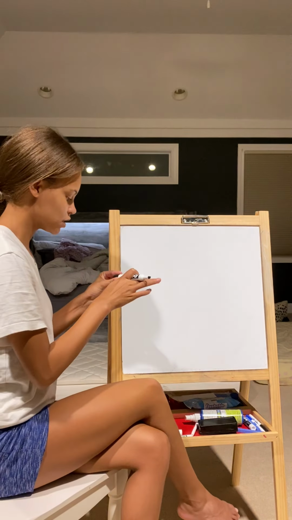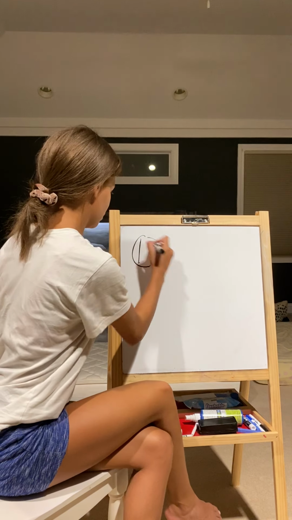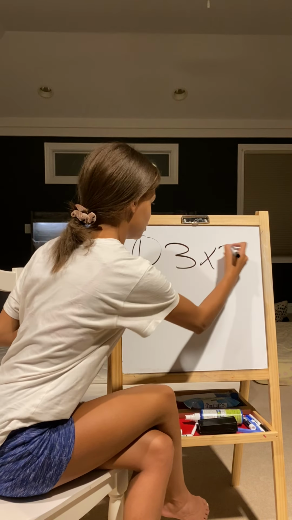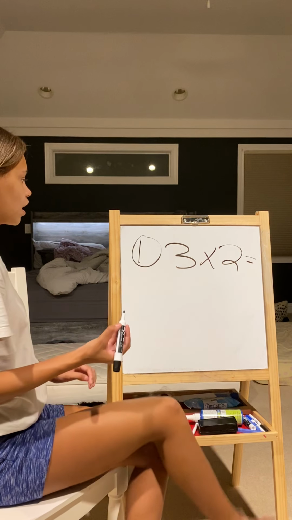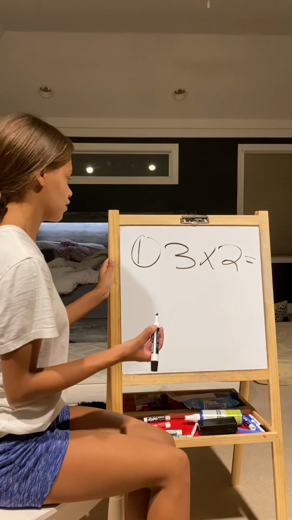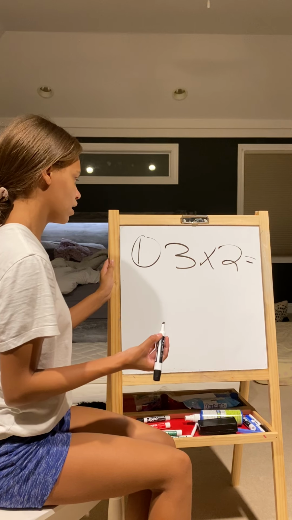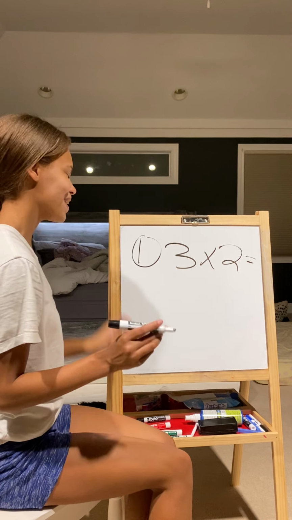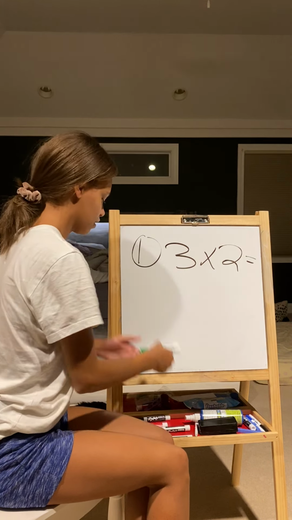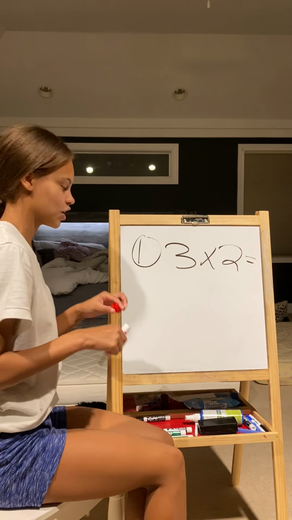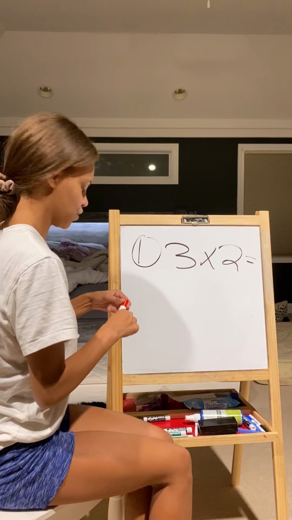So for the first problem, I'm going to do 3 times 2. I think that's big enough. Okay, so what you can do for this is, I'll use red because I think green is kind of hard to see through the video.